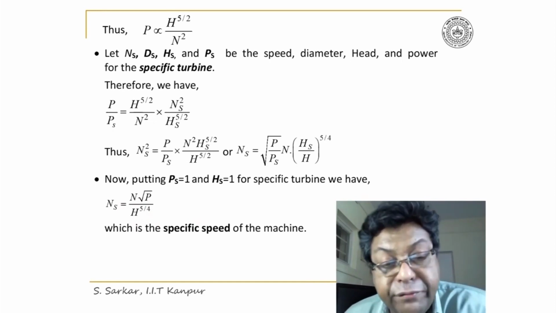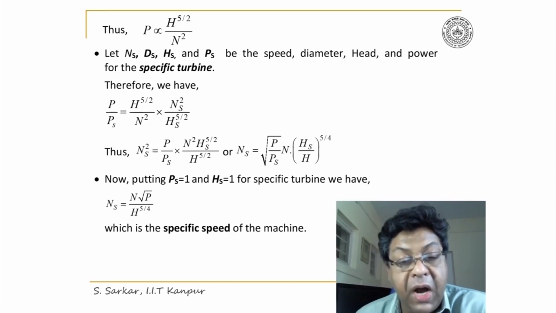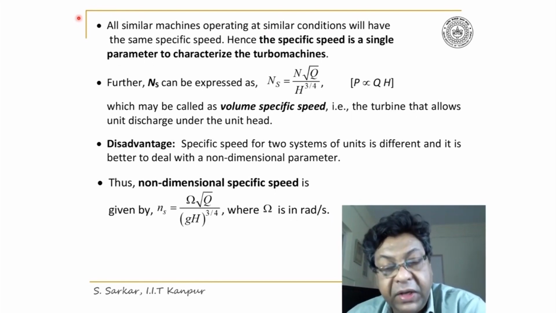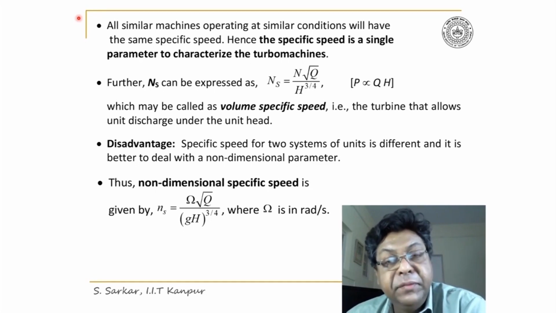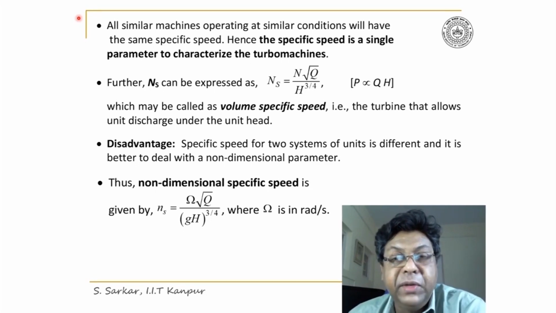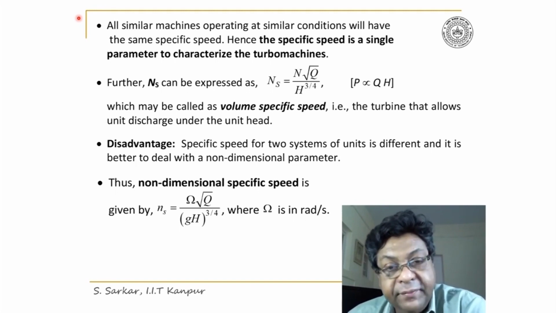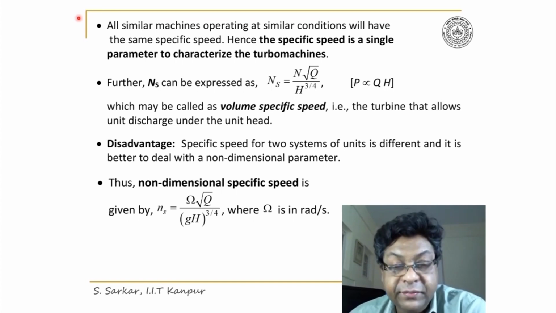This is the expression for the specific speed of a turbine. I have expressed here the physical significance of specific speed: all similar machines operating at similar conditions will have the same specific speed. Hence, the specific speed is a single parameter to characterize the machines.